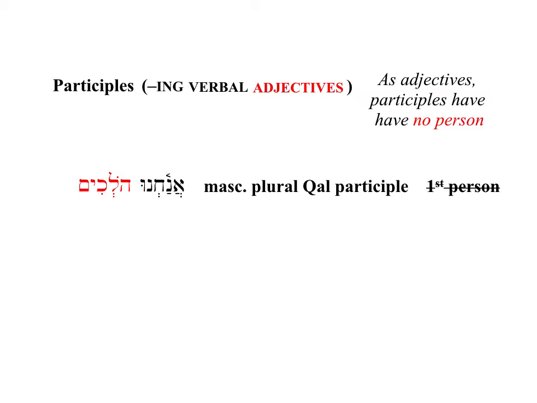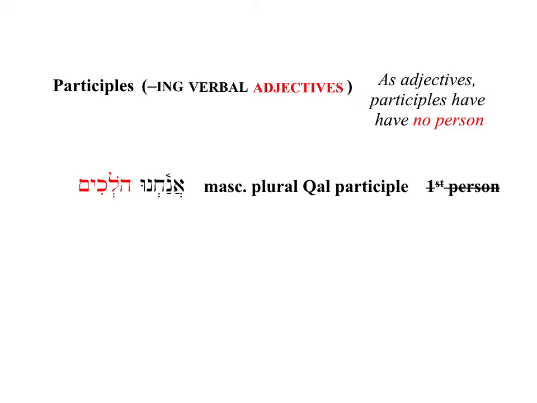So in this expression, anachnu holakim, we are walking ones, it is used to describe the first person plural people, but that is conveyed by the pronoun. The clause says we are, and then holakim is just a generic walking ones. It has no first person identity. That's only accomplished by means of the sentence.